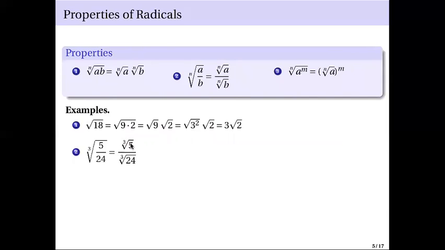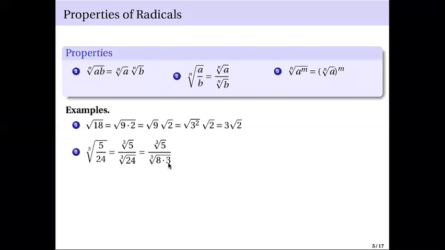So cube root of 5 over cube root of 24. Now, 24 can be written as 8 times 3. Now, I am using 8 times 3. We could have used 6 times 4, etc. We can also use 12 times 2.